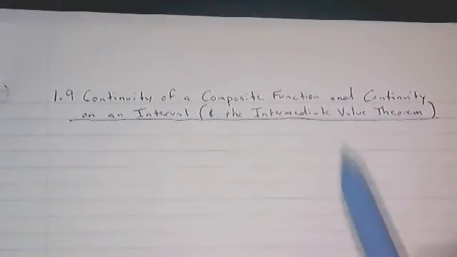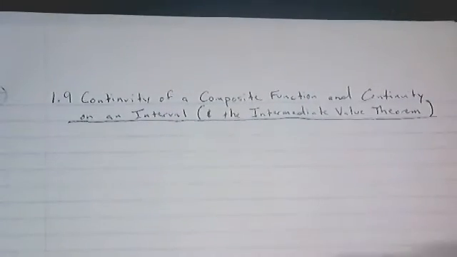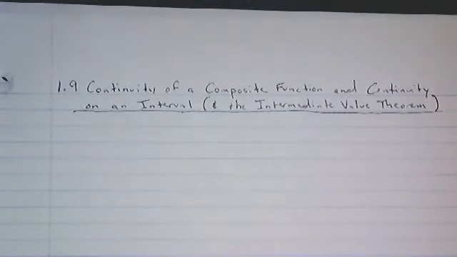And specifically with the intermediate value theorem, we want to be able to say that something on a closed interval is continuous. And so we're going to briefly look into what that means and why it could be an issue.